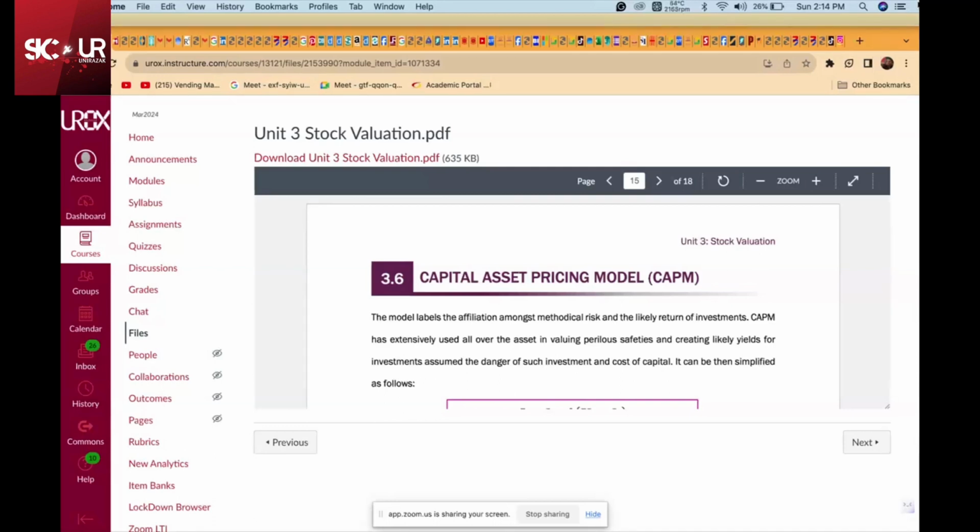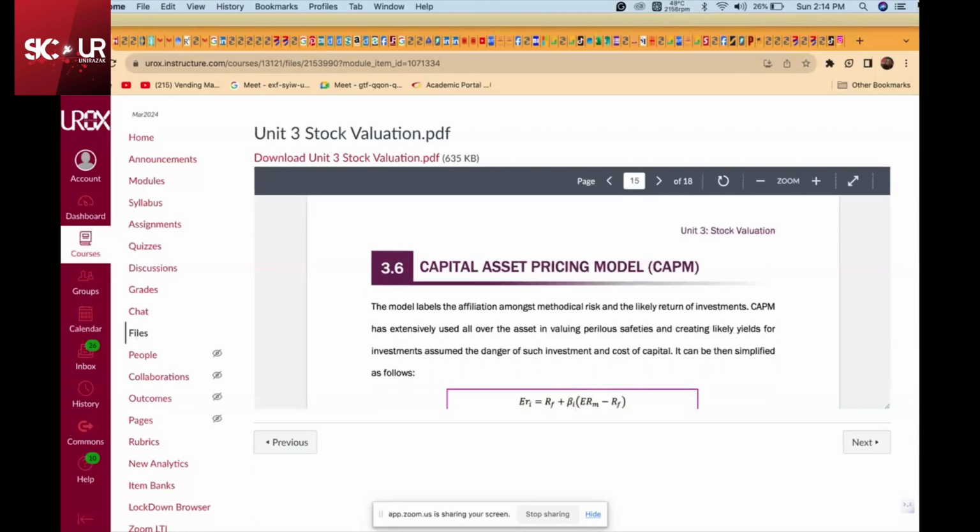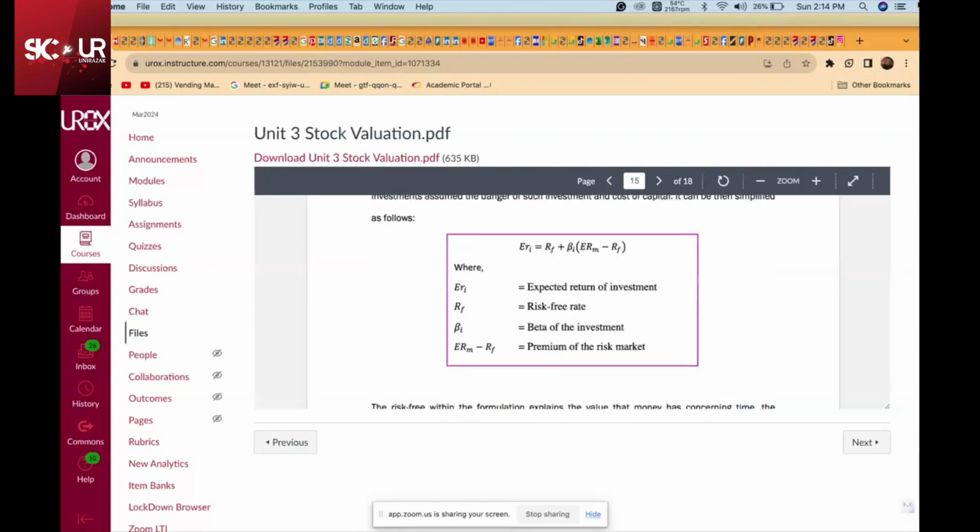CAPM is extensively used all over the world, and it is used in valuing the safety of the existing investment, and it uses this formula.